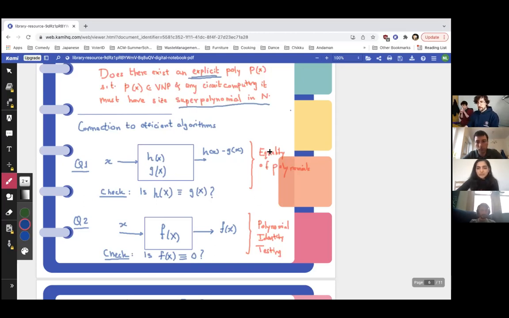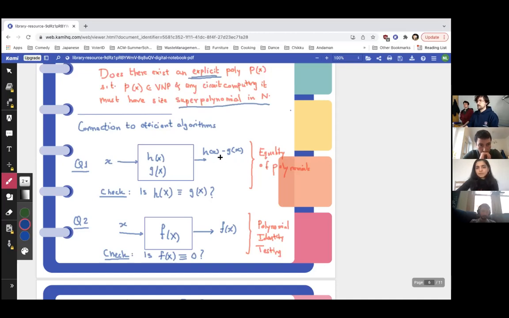Yeah. So equality of polynomials and polynomial identity testing, two questions. In polynomial equality testing, there are two polynomials sitting in a black box. I get an input x, and I query the polynomial at input x.